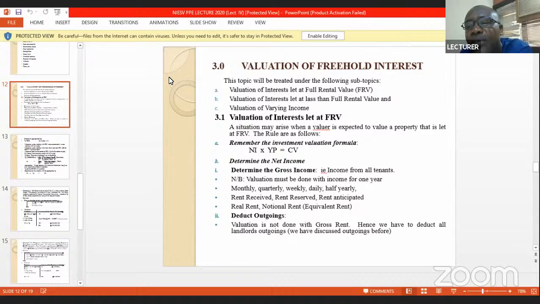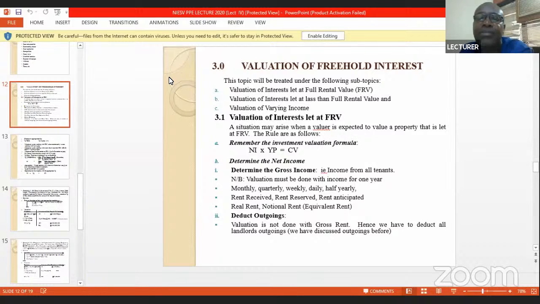For the landlord, outgoings are deducted. So any item of outgoing except internal repairs. I repeat, any item of outgoing except internal repairs for the landlord is usually deducted.